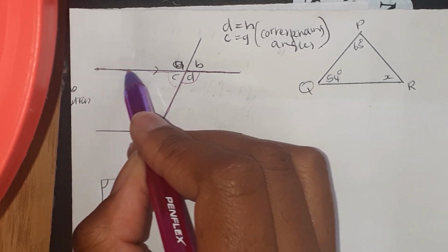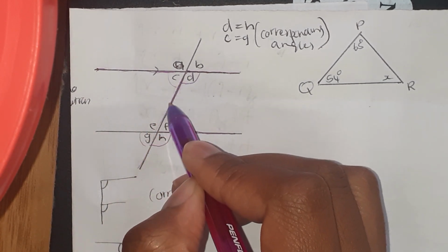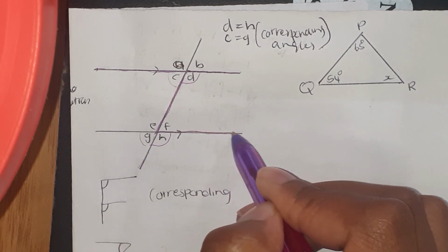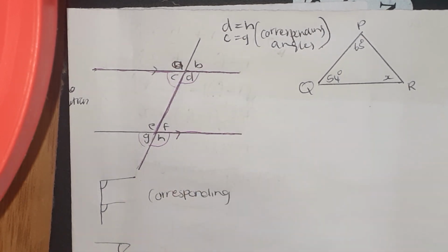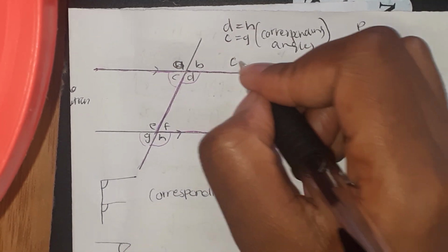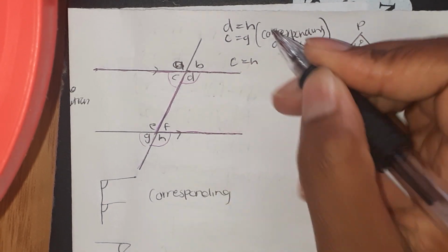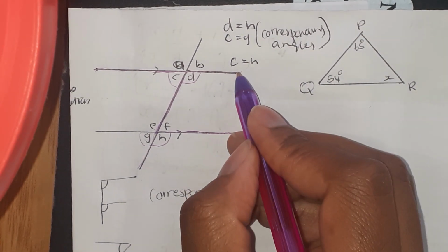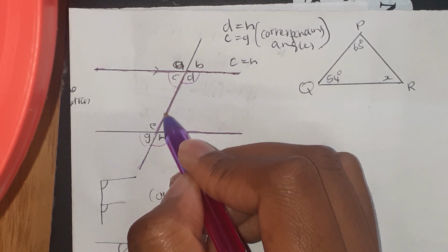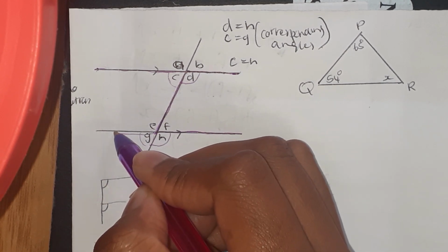Now let's see alternating angles. You're going to go from here, go there, and go there. So C and F are the same. So C equals F, and then when you get this side, we'll say Z. It goes like this, right?